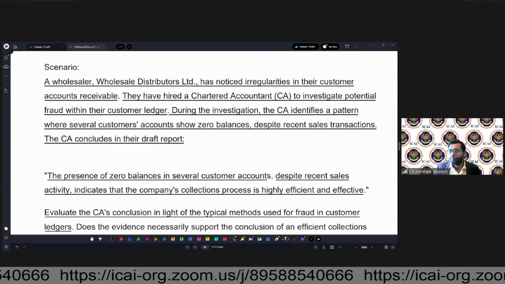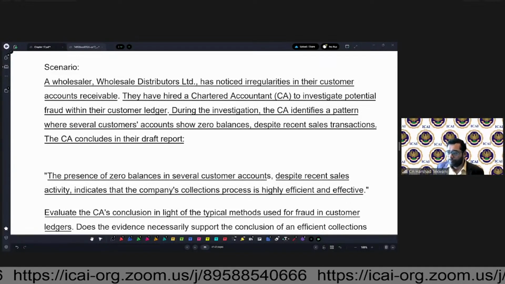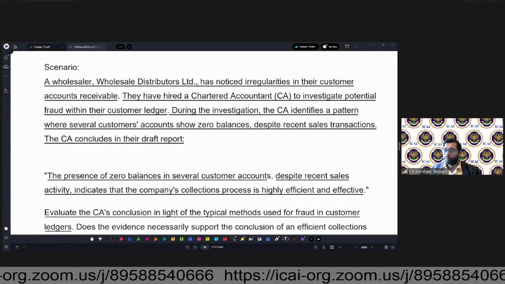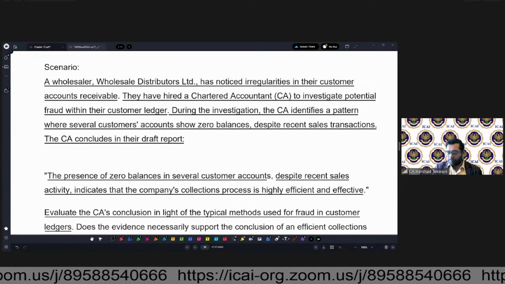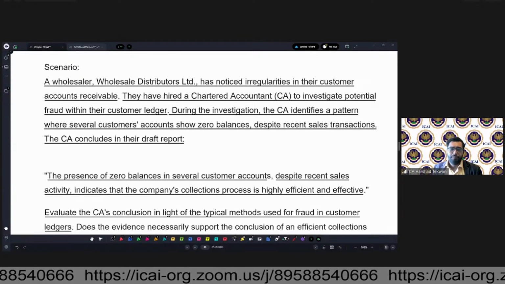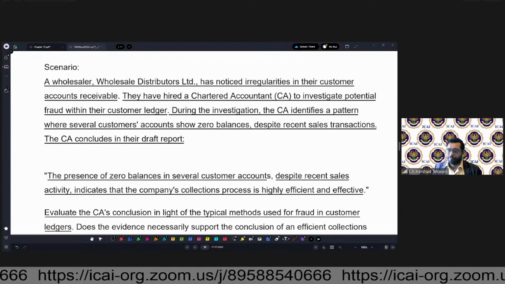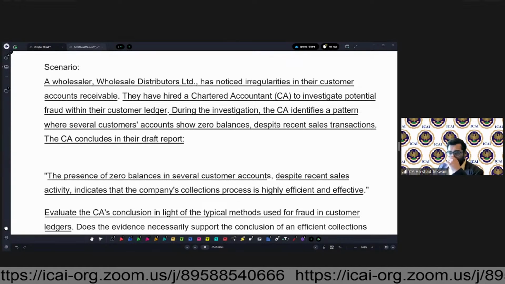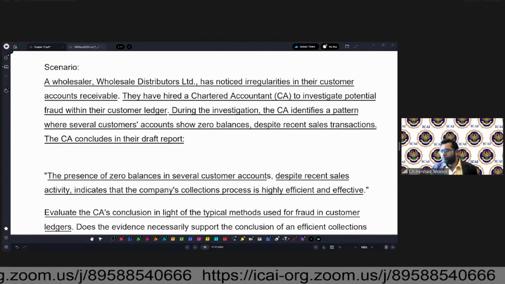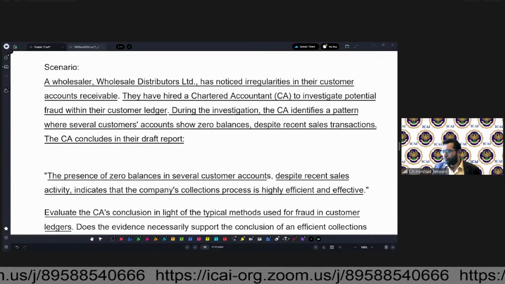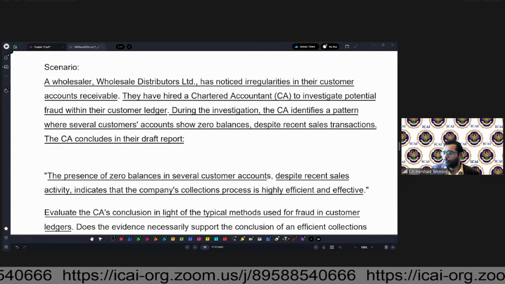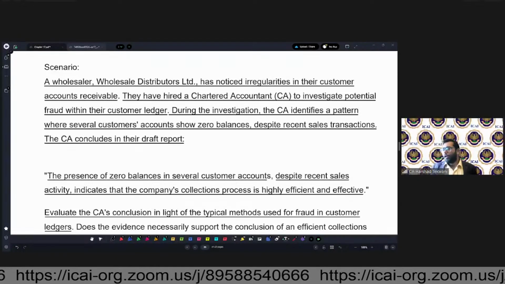Come on, guys. Come on, quickly. What kind of fraud could happen in the customer ledger? Okay, Abrakesh, very good. Anyone?